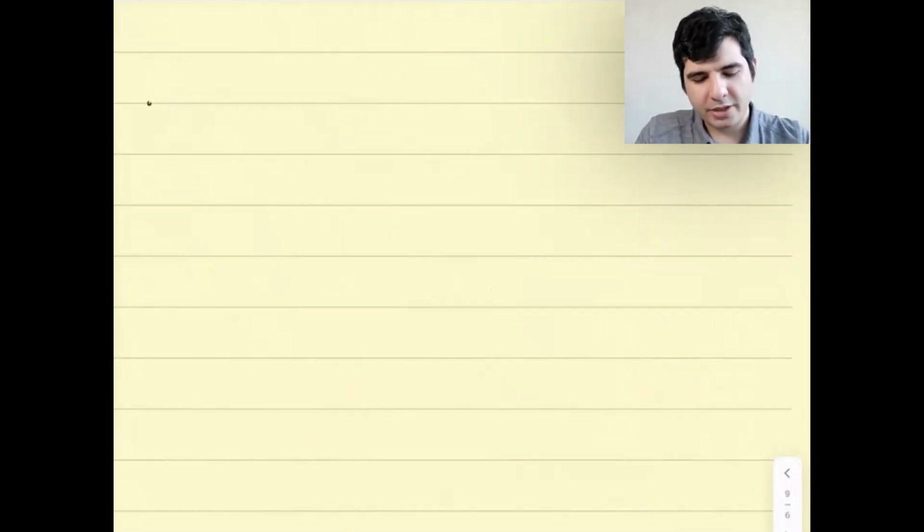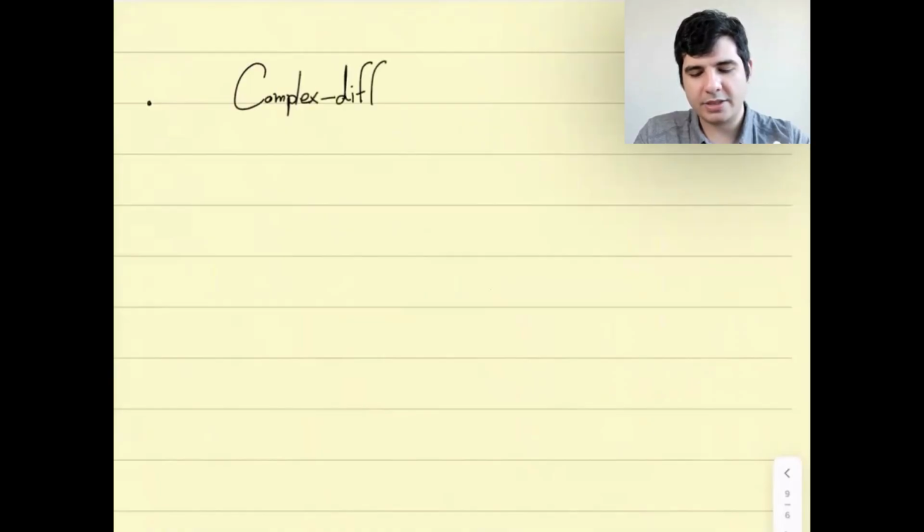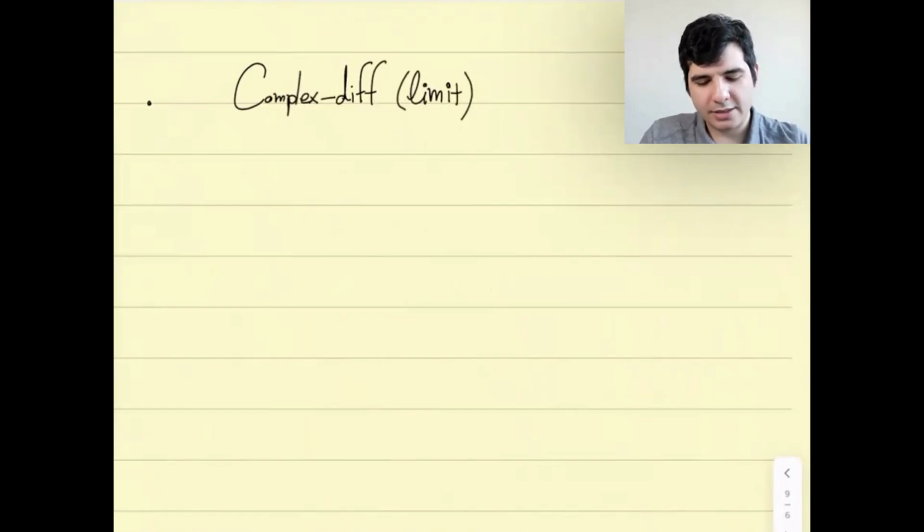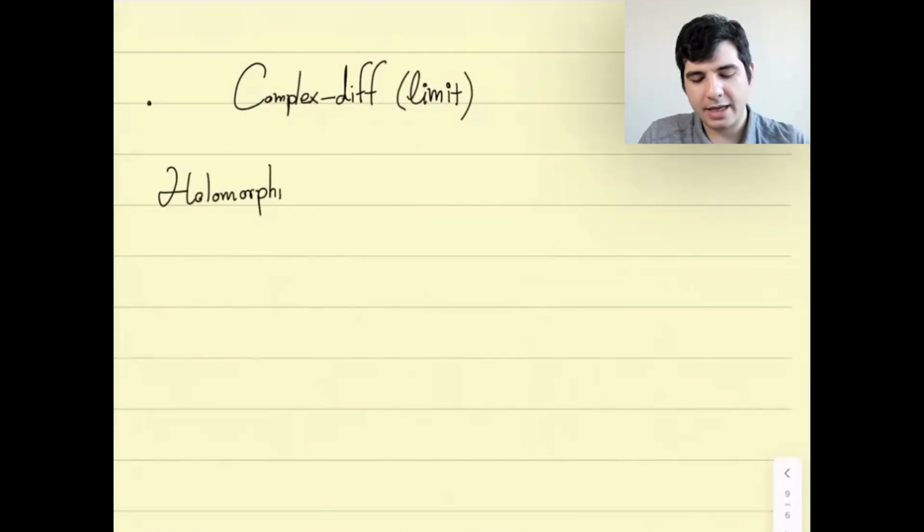Going back to our big picture, I mentioned we have three perspectives to think about the complex derivative. One is being complex differentiable in the sense I mentioned, which really means in this complex limit language. There are two other ways. One is what is known as being holomorphic. We will learn this in the next part of this lecture. It's related to a notion called the Cauchy-Riemann equations.